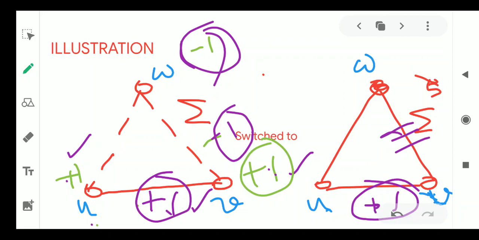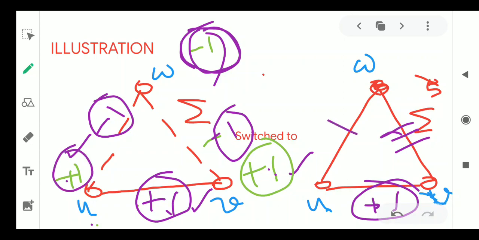Then minus 1 into minus 1 into plus 1, that is this one. Therefore, this is 1, this is 1, 1.